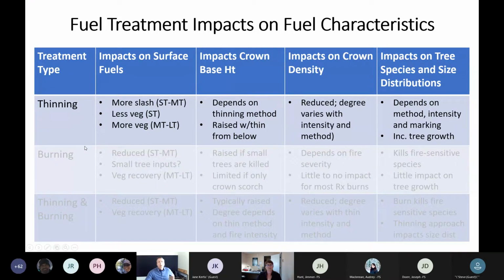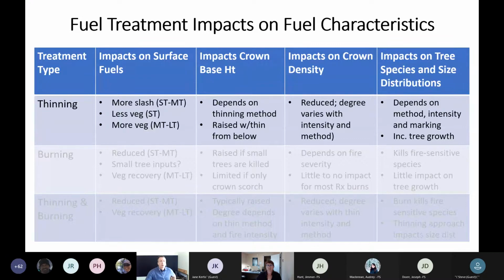When we think about the impacts of thinning on surface fuels, in the short to medium term, thinning is going to increase slash loading, which is an increase in dead surface fuels. And that can have implications for fire line intensities in future fires. In the short term, thinning also tends to knock back or reduce the cover of understory vegetation, live vegetation, so reduce the cover of live surface fuels.